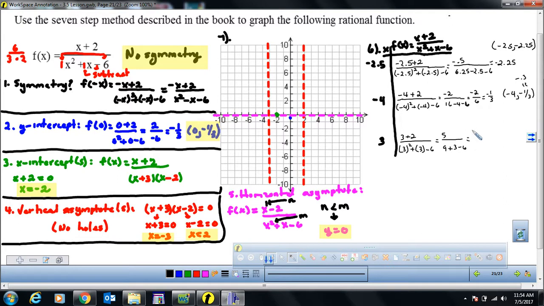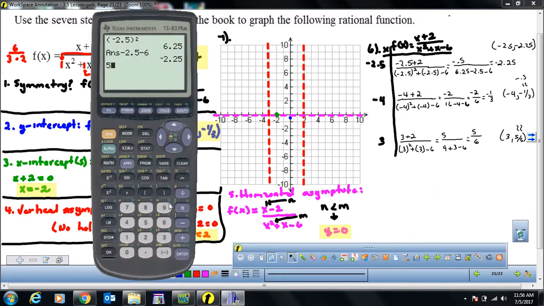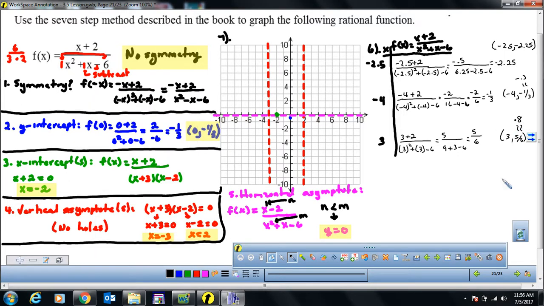That's going to give us 5 over 9 plus 3, which is 12. 12 minus 6 is 6. So that gives us 5 over 6. So it's going to be 3 comma 5 over 6. This one, as an estimate, we can divide it out to find its estimate. That will be about 0.83. So it will be about 0.8 approximately.